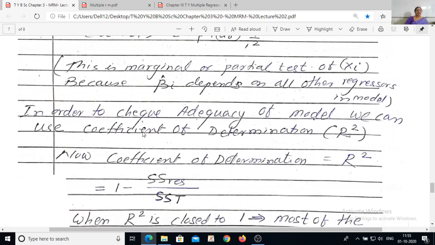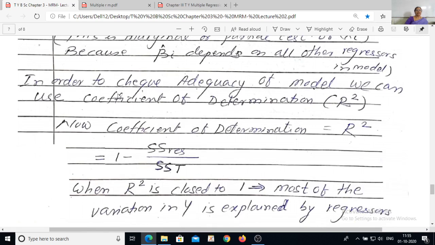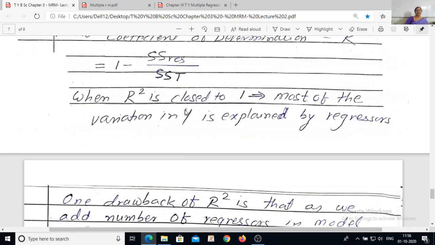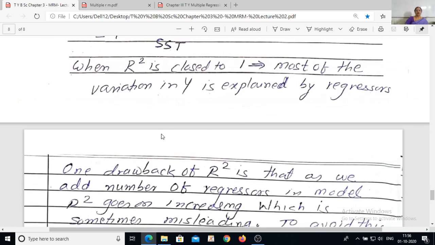Further, one can check the adequacy of the model by using the coefficient of determination, that is R square, and R square is obtained by 1 minus residual sum of squares divided by total sum of squares. When this R square is close to 1, then most of the variation of y is explained by your regression equation.